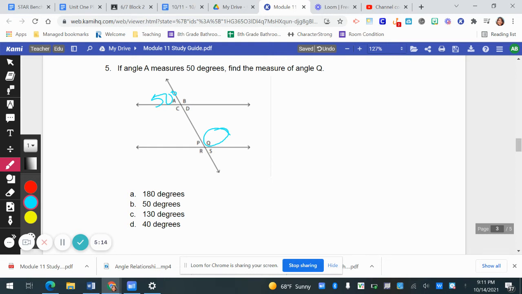Those are not corresponding angles because they are not in the same place along the parallel lines and the transversal. They're not vertical angles because they don't share a vertex. They're not alternate exterior because Q is an interior angle. They are not alternate interior because A is an exterior angle.